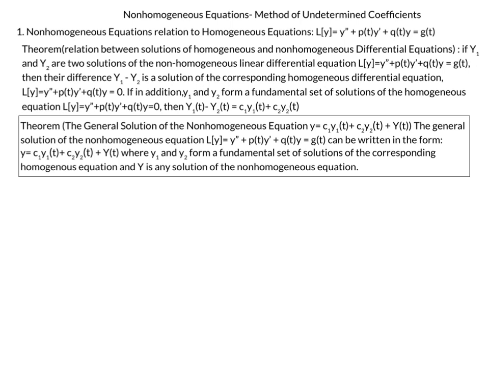So the theorem says the general solution of the second order linear non-homogeneous differential equation can be written in the form y is equal to c1 y1 of t plus c2 y2 of t plus capital Y of t, where y1 and y2 form a fundamental set of solutions to the corresponding homogeneous equation, and capital Y is any solution of the non-homogeneous equation.